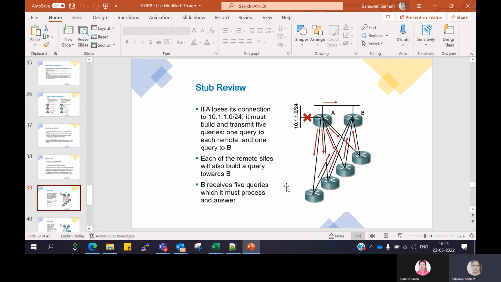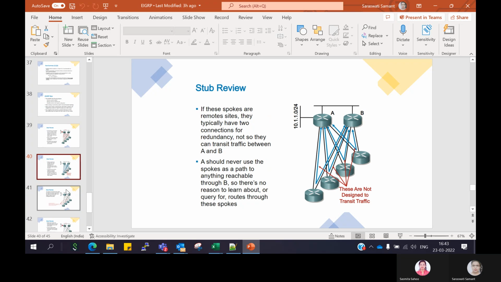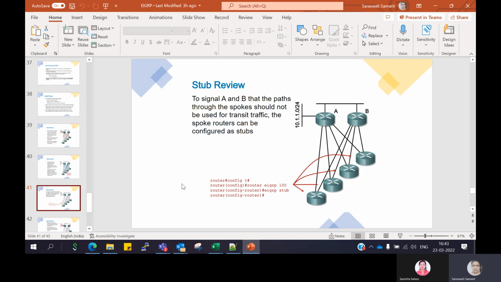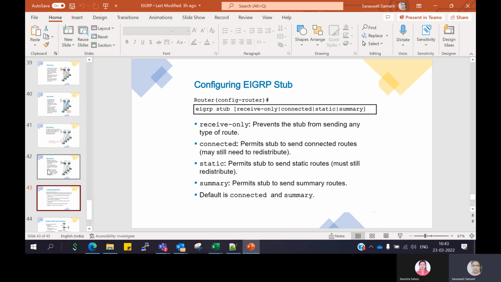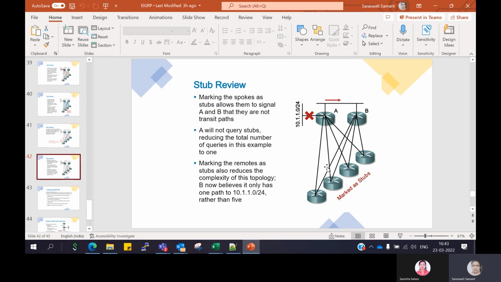When I say a bit far, it's not within the same location, but like this one in one building and those in the other building, something like 2 to 3 kilometers. In that case, you will consider those as stubs, and you have to use the command eigrp stub. Whenever you mark those as stubs, they will not be considered a transit path for this network. The exit path is going to be A and B.